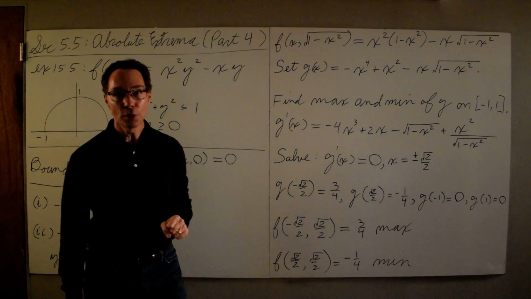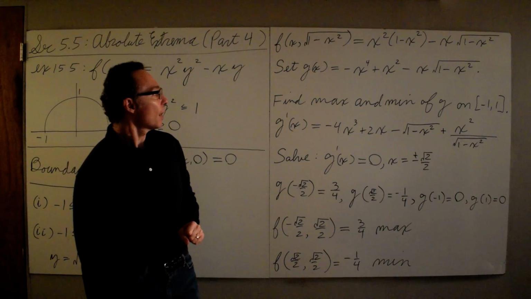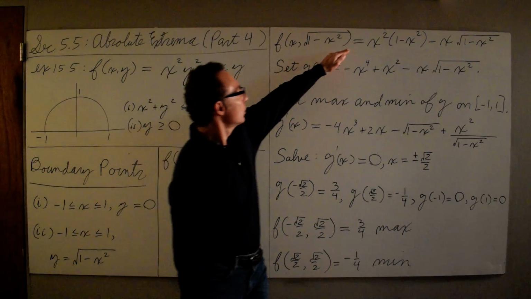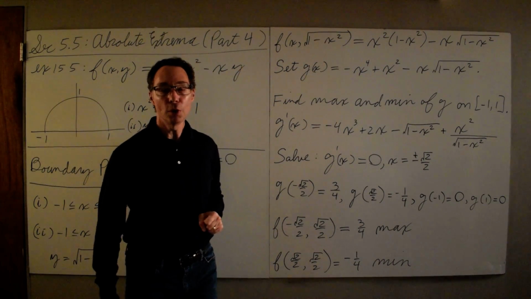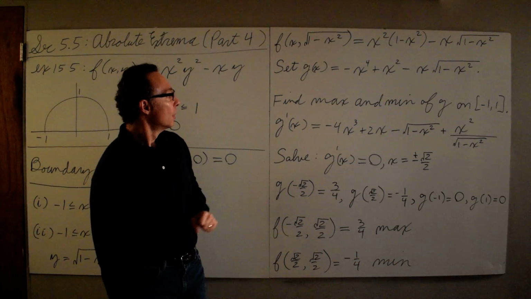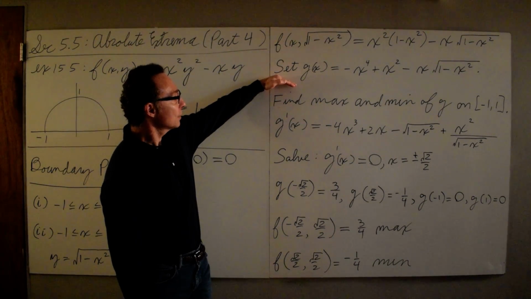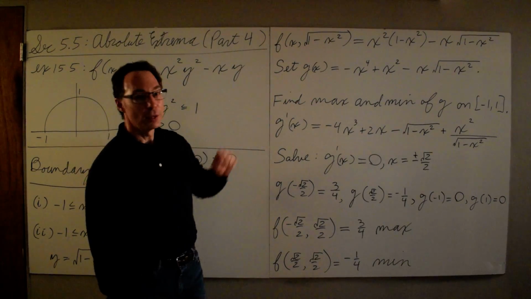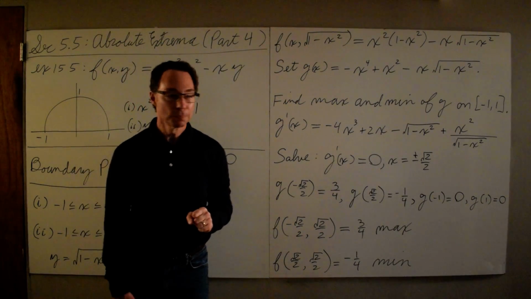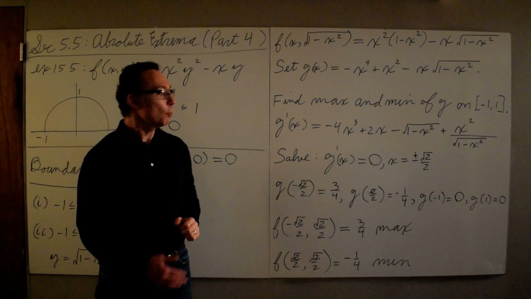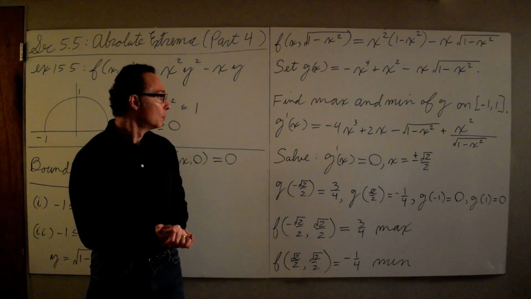Now we're going to look at a real valued function g, which is just this function because we've reduced this to a function of one variable. So we'll just call this function g, and we're going to find the max and min of g on the interval -1 to 1. So this now becomes a Calc 1 problem.